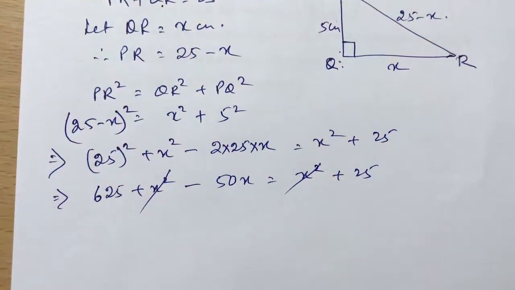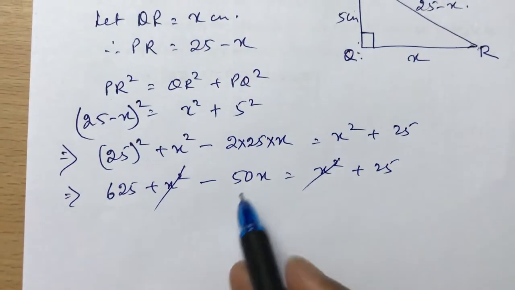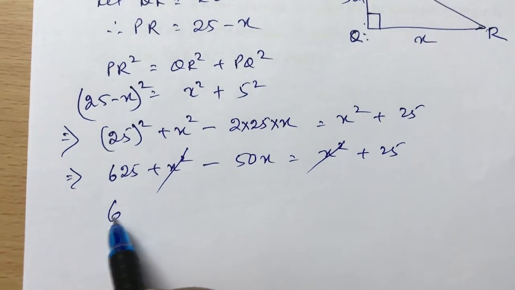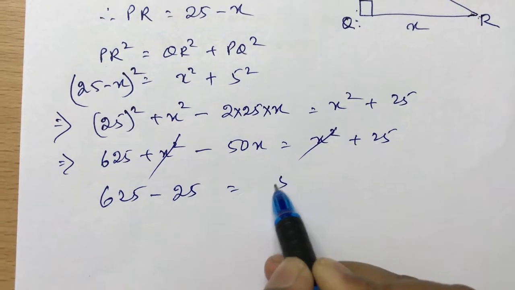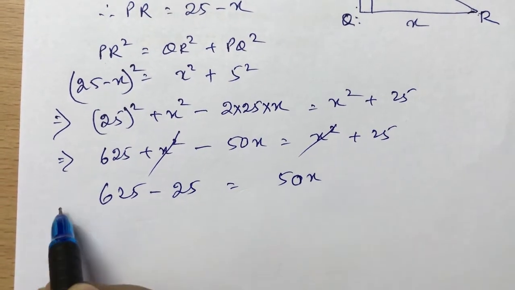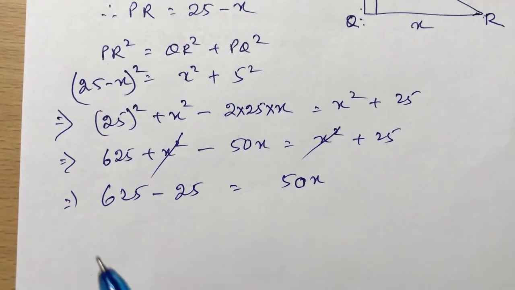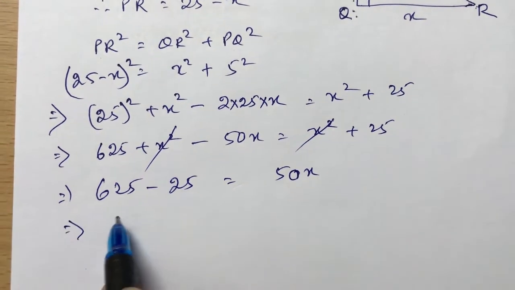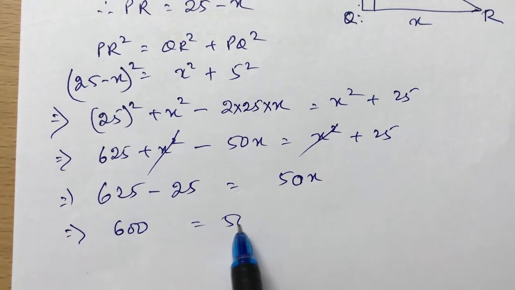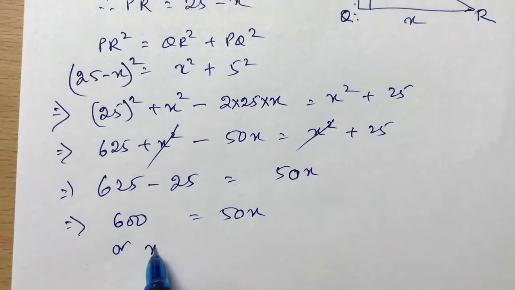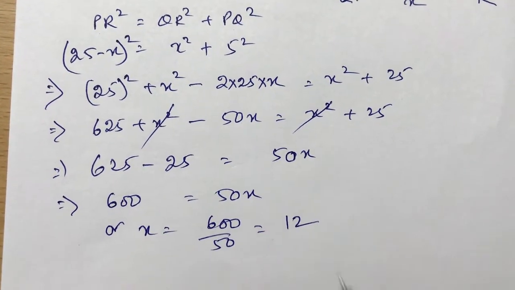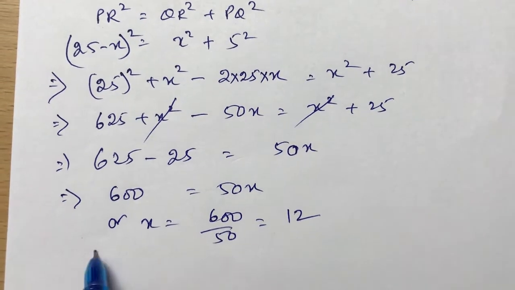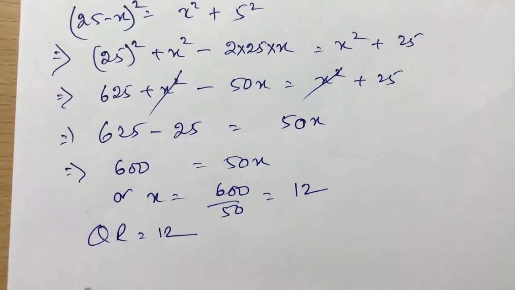X square on both sides gets cancelled. So 625 minus 25 is equal to 50X. This gives 600 is equal to 50X, or X is equal to 600 by 50, which is equal to 12. That means QR is equal to 12.